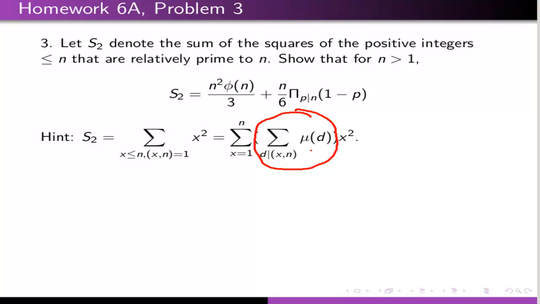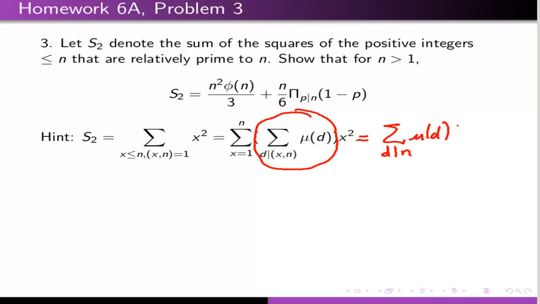So that's picking out precisely the values of x that are relatively prime to n. And so let's just interchange the order of summation. So d is a divisor of x and n, so ultimately d must always be running through the divisors of n.